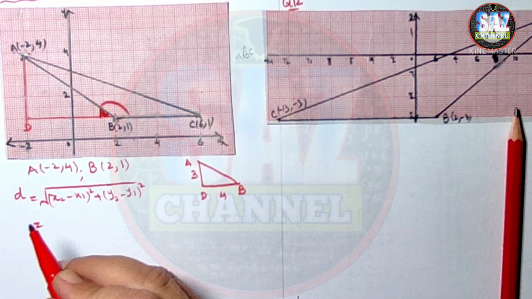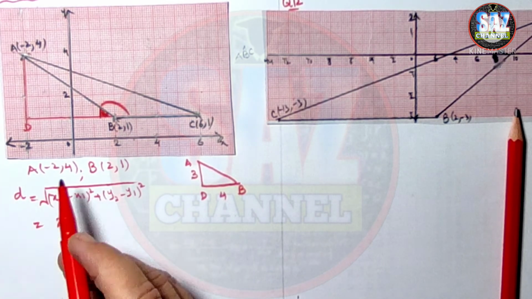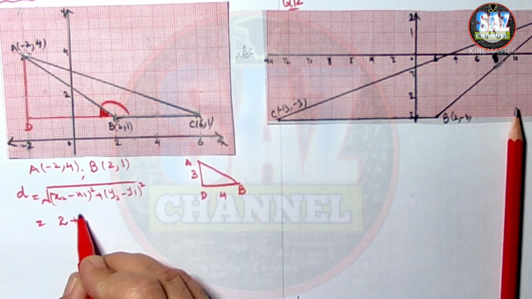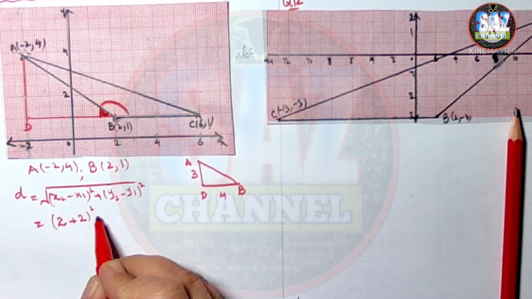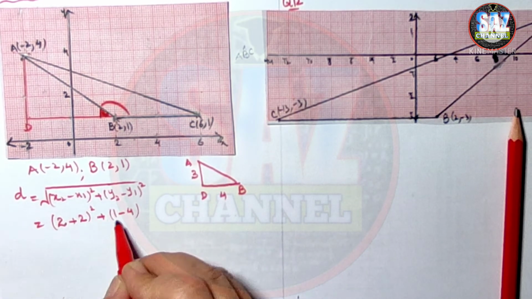Now look, x2 is 2, and this minus will become positive, so (2 plus 2) whole square, plus (1 minus 4) whole square.